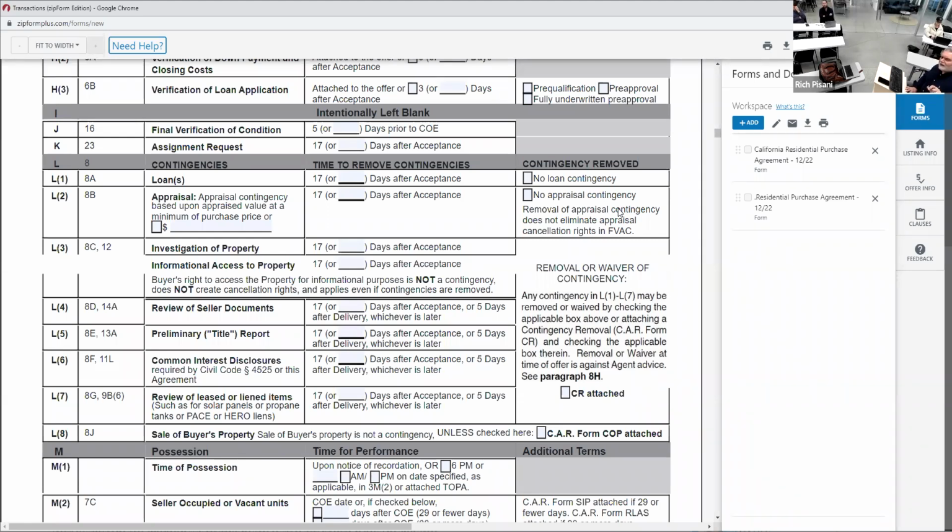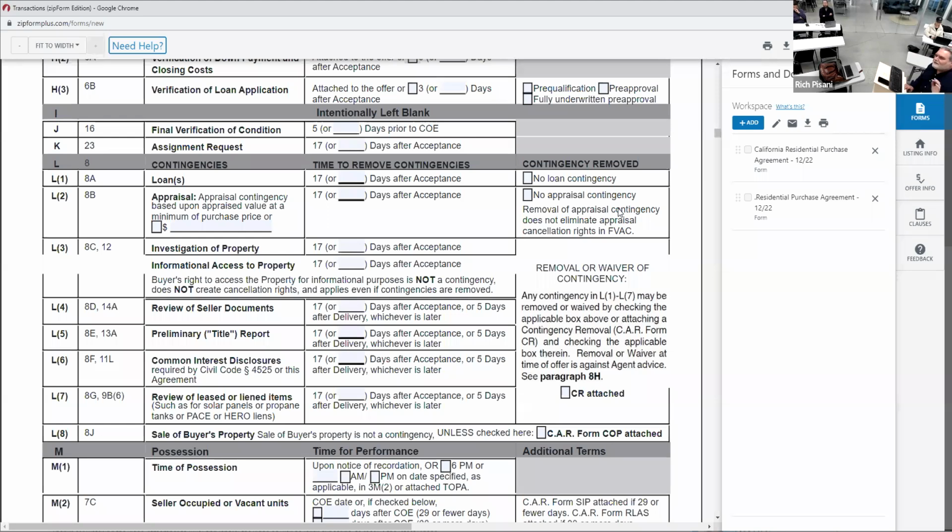Review of seller's documents. The seller has to give us disclosures. The buyer has 17 days after acceptance to review those documents, or 5 days after delivery, whichever is later. So if on day 16 you suddenly get documents, you've got 5 days to look at them.